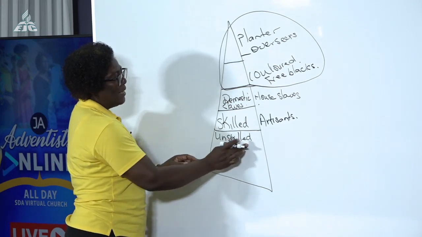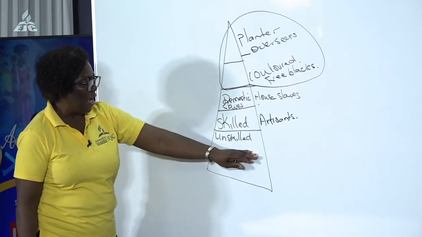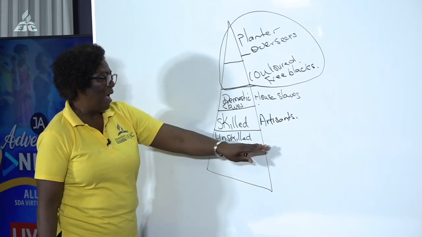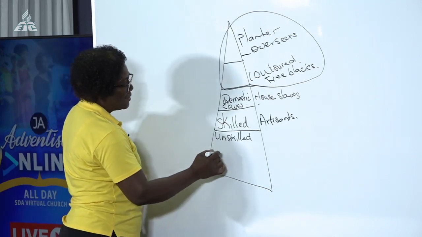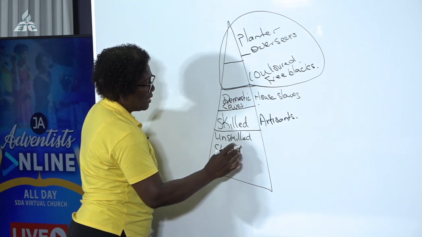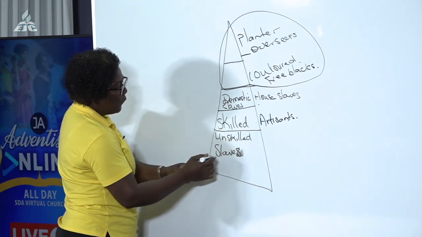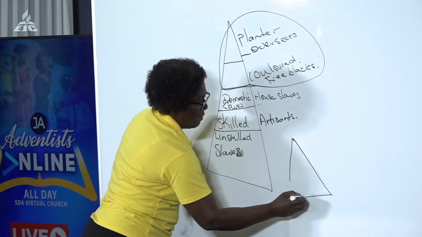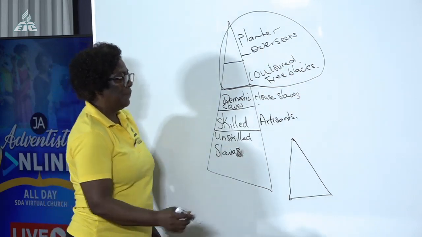Right? They were unskilled. They were mainly on the plantation, cutting, weeding, and manuring the canes. So these unskilled slaves could further be placed into three groups.